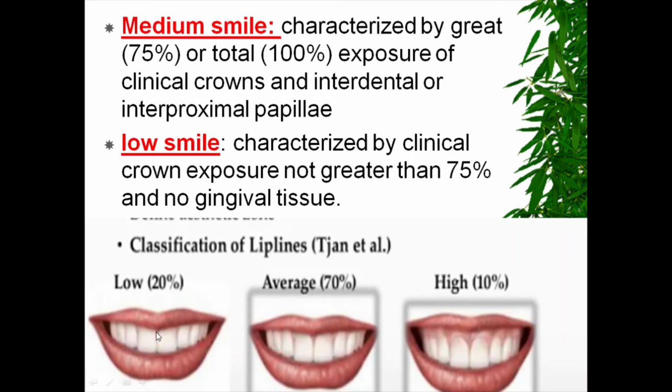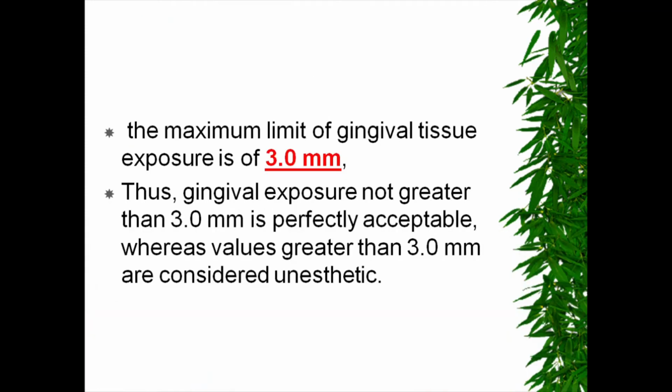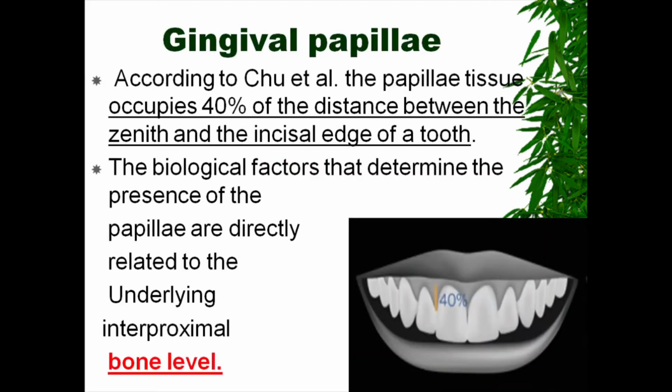In the low smile line, it is characterized by clinical crown exposure not greater than 75% and no gingival tissue is exposed. The maximum limit of gingival tissue exposure is 3 mm. Thus, gingival exposure not greater than 3 mm is perfectly acceptable, whereas values greater than 3 mm are considered unaesthetic.